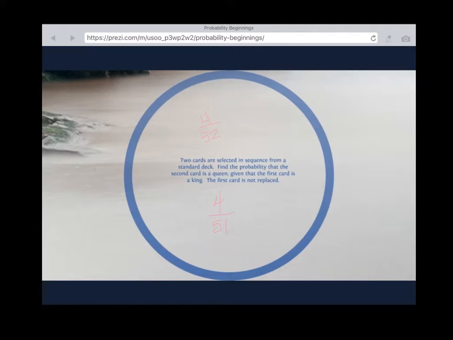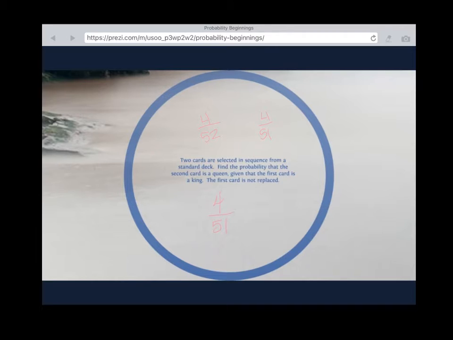And then not replacing it, and then selecting a queen, so that would be the B given A, right, is selecting a queen, and that we already know is 4 out of 51. If these two things are equal, then they're independent. So are these two things equal? No. So they are not independent.